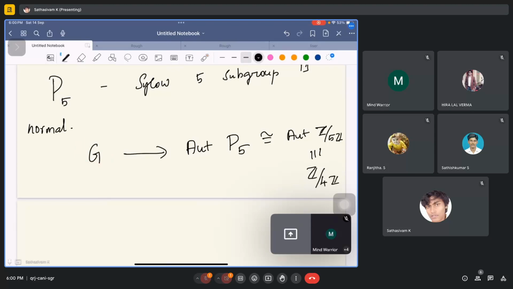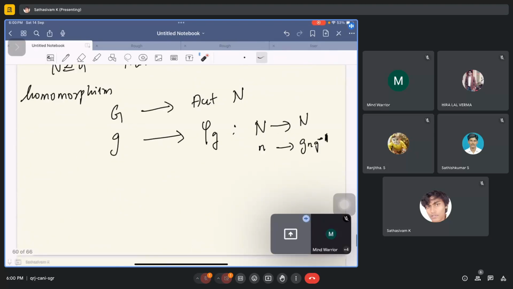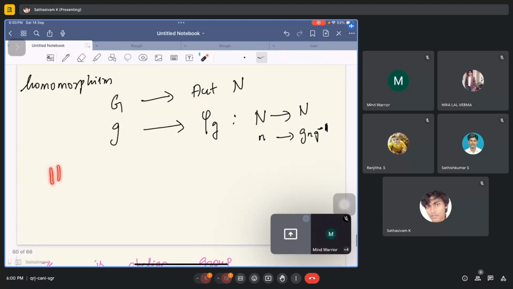Once you have a map from G, and H is a subgroup of G, then there is always a map from H to the automorphism.